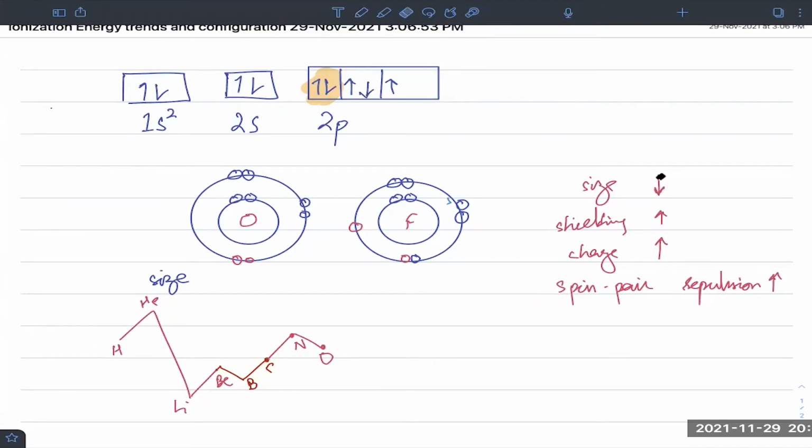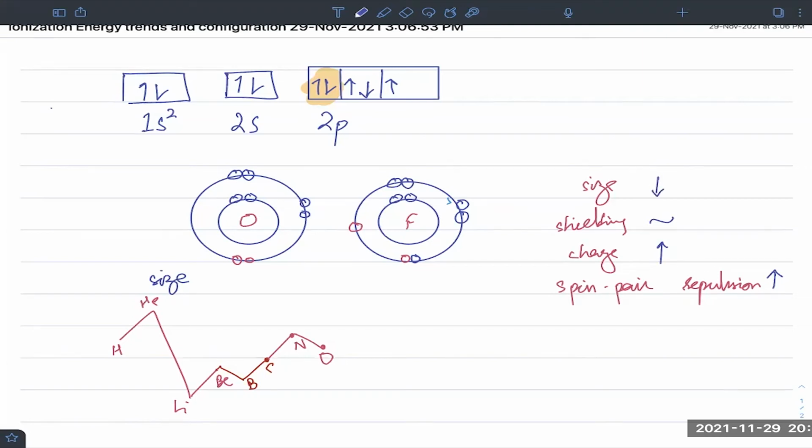All right. So what factors are changing? Spin pair repulsion increased. Effective nuclear charge increased. Shielding not that much, roughly the same, because you're just increasing the spin pair repulsion, and size decreased.